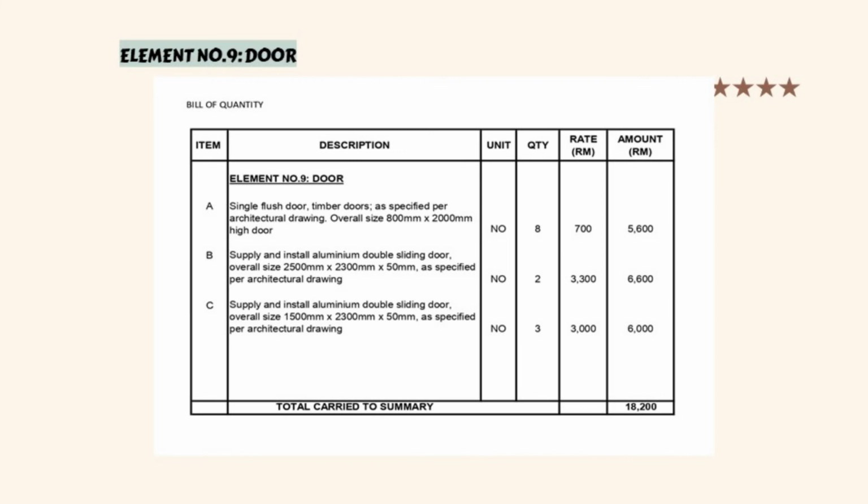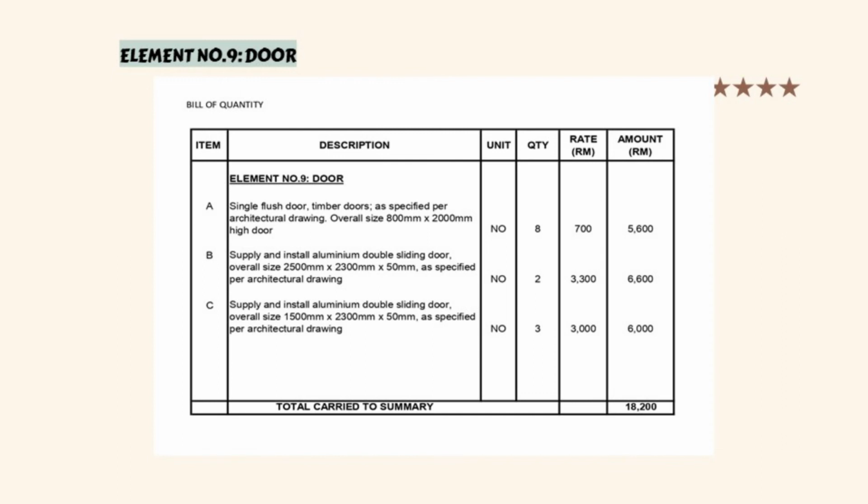For aluminium double sliding door, the size is 2500 mm times 2300 mm times 50 mm. We use 2 of this door, and they cost 6,600 ringgit.